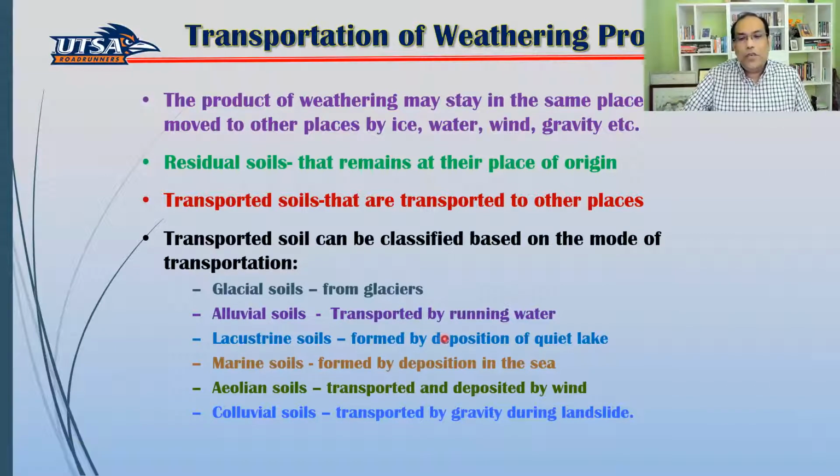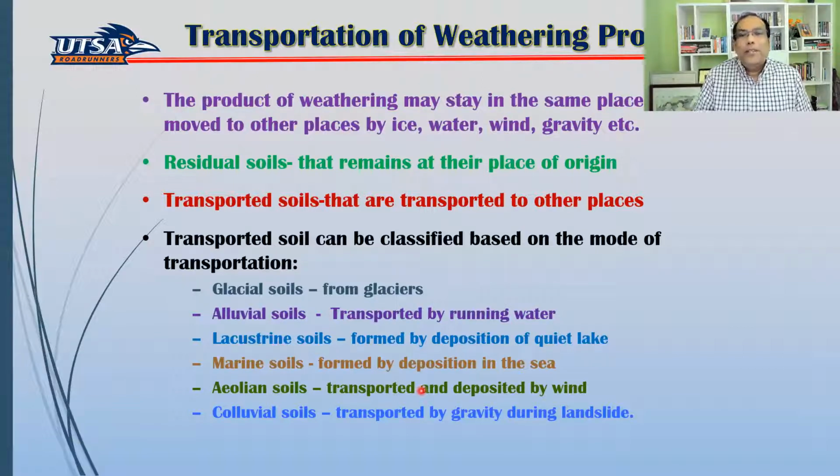Marine soil is formed by deposition in the sea. Aeolian soil is transported and deposited by wind. Sometimes you can see a dust storm or sandstorm, and they will move soil from one place to another. Colluvial soil is transported by gravity during a landslide.